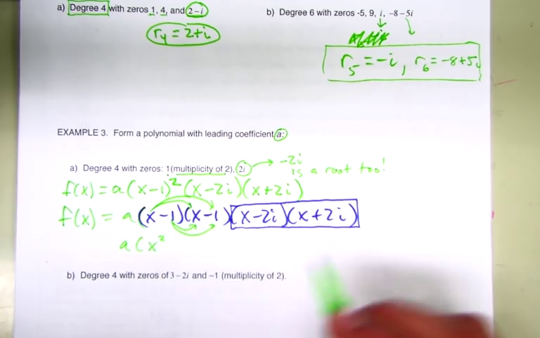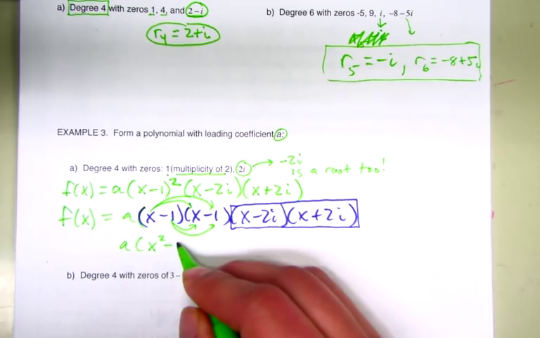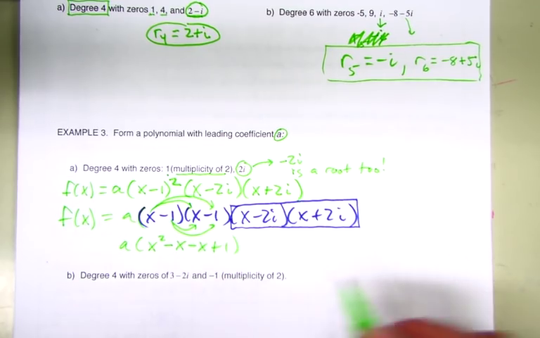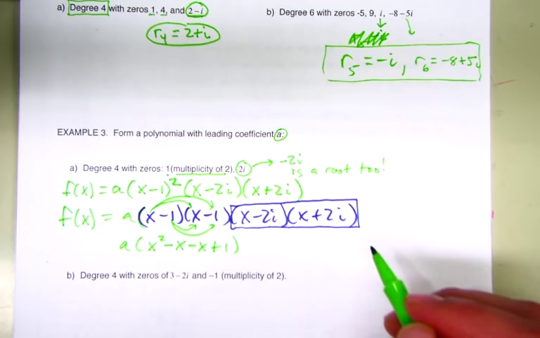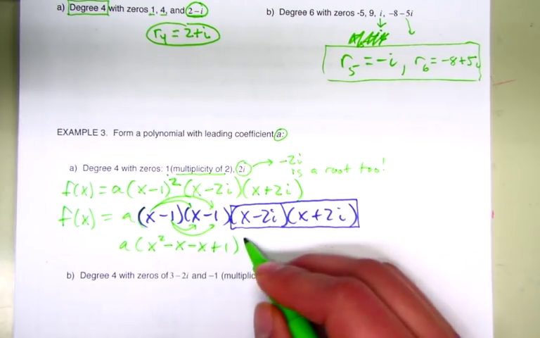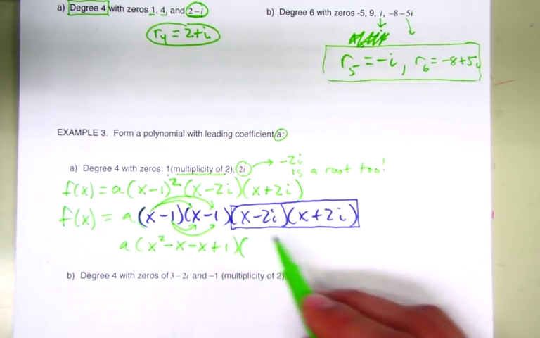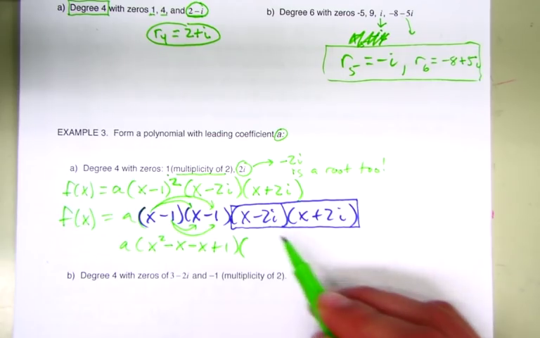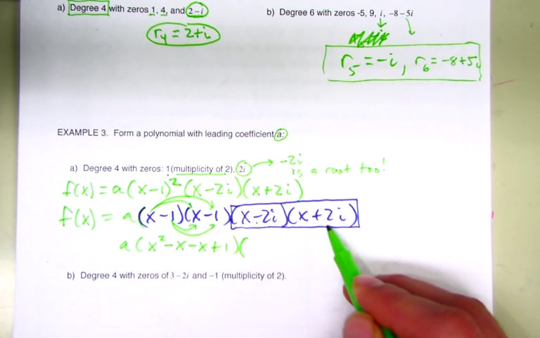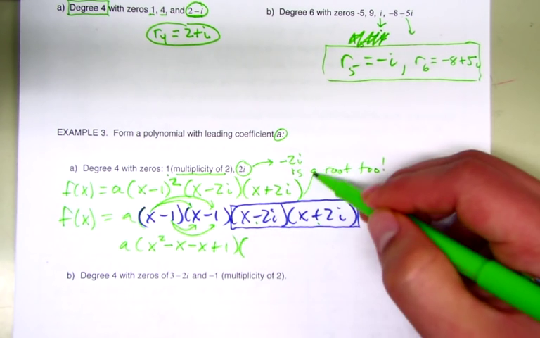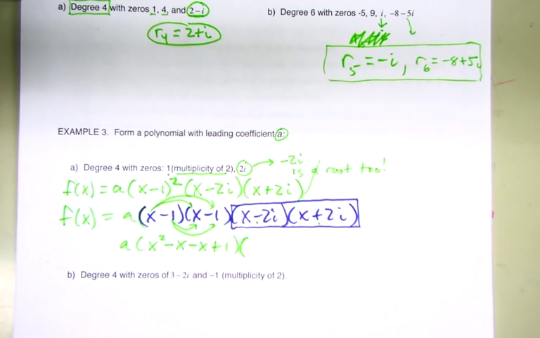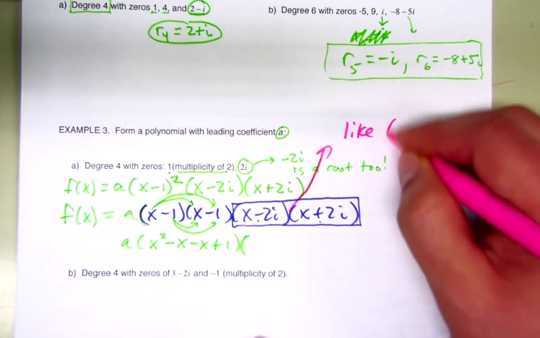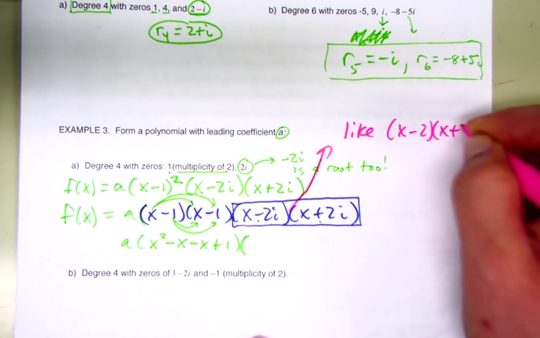You're going to get x squared minus x plus 1. Okay? Now, look at this. And if you don't recognize this, again, I'll show you step by step. But here, this is a difference of squares pattern. It's very similar to multiplying x minus 2, x plus 2.